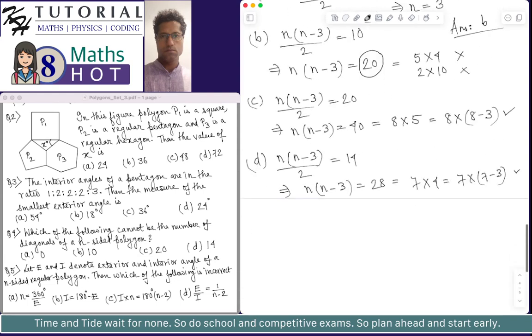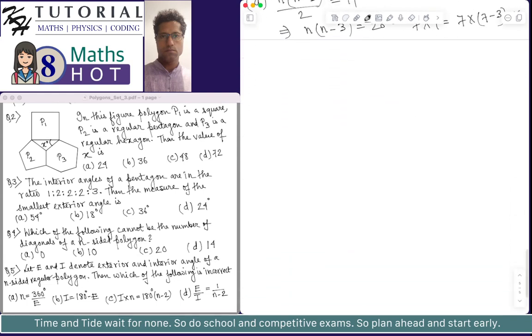Okay, let's do the last problem, that is question number 5. Let E and I denote exterior and interior angle of a n-sided regular polygon.